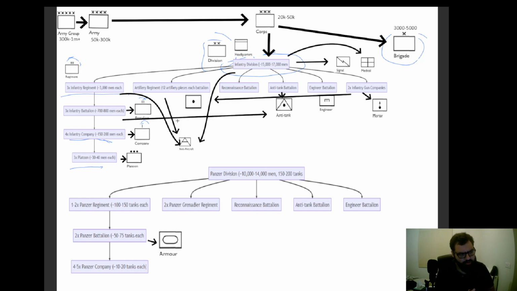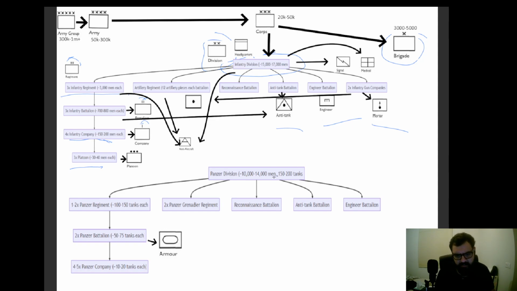But in most cases, they will be divided up to the infantry regiments. The same applies for engineering companies and infantry gun companies, which will be more specialized using heavy mortars and so forth. You can also have signal corps, medical corps, supply corps, and headquarters and so forth.